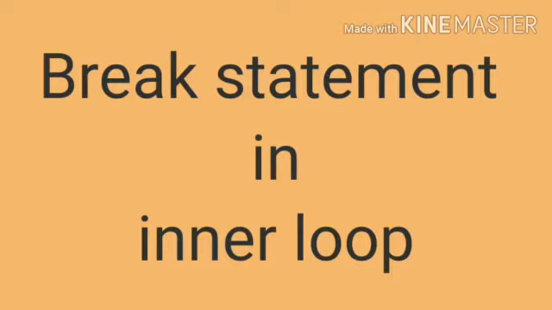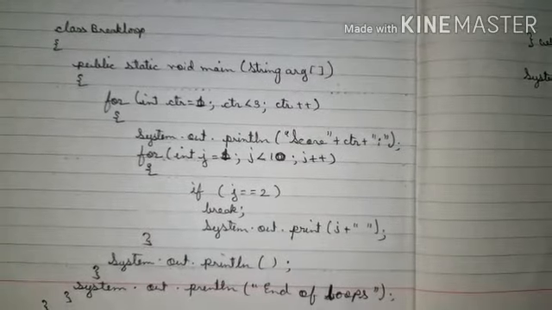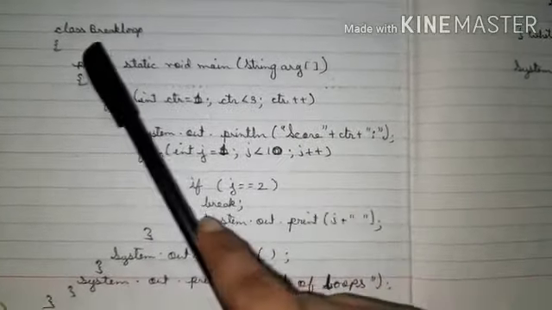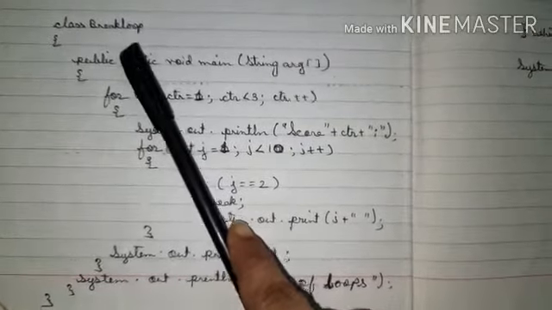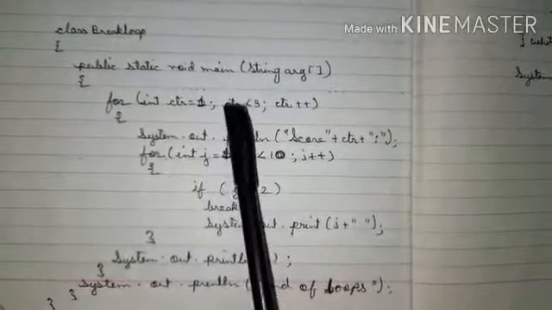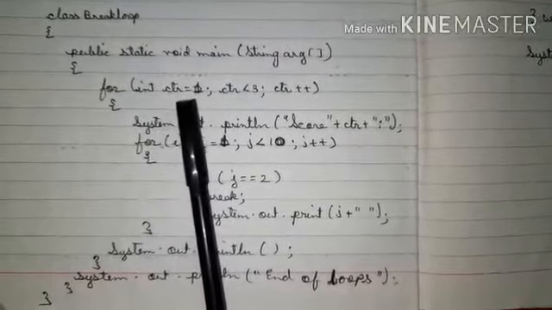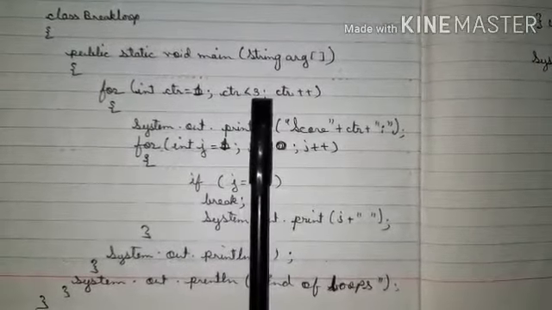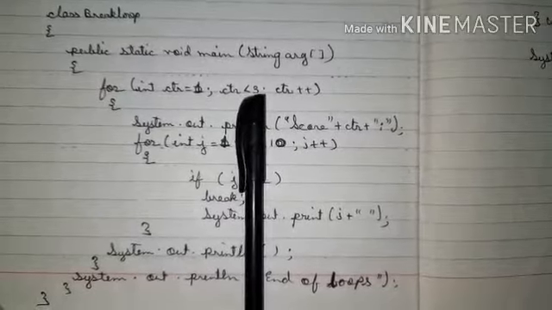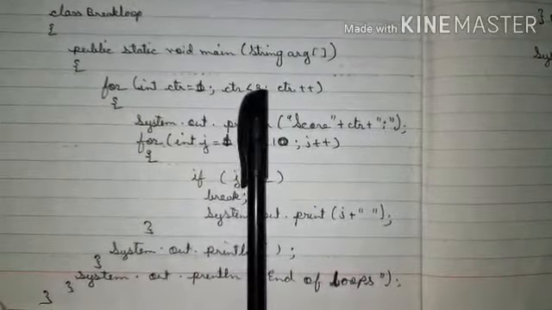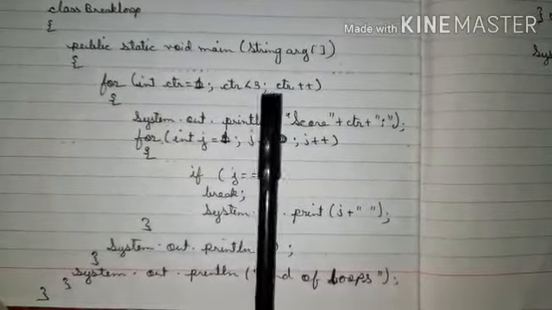That is, the break statement in the inner loop causes the termination of that loop and the outer loop is not affected. Let's take an example. Here there is a class BreakLoop and then the main method, public static void main, and inside it we have taken int CTR equal to 1, and the CTR loop will continue, 2 iterations will be there, 1 and 2, because less than 3 is written.